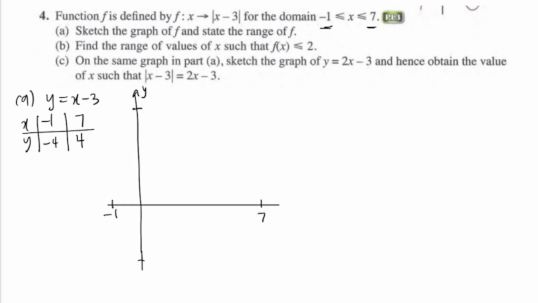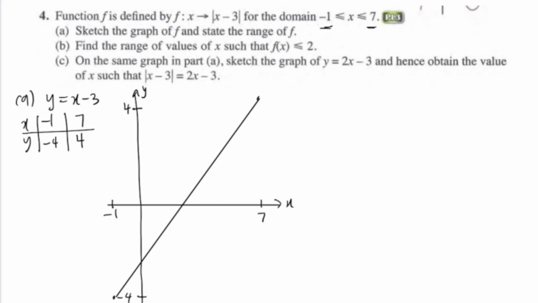My line is not very nice, sorry about that. So -4 should be around here, and 4 is around here. Originally -4 is here, 7 is over here, can you see? So you can just draw a line like this. This is a straight line of y equals x minus 3.